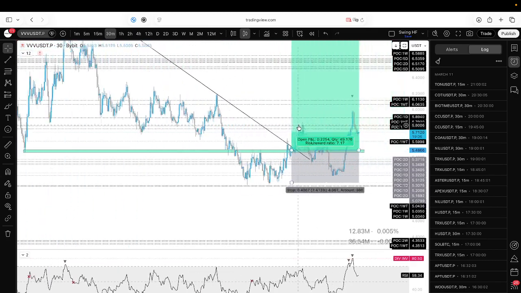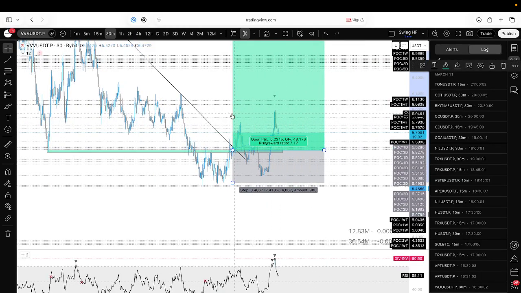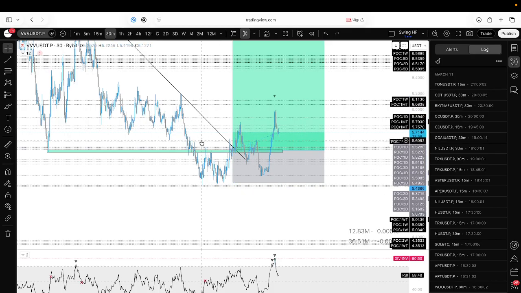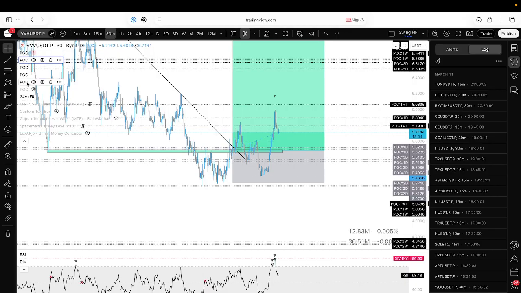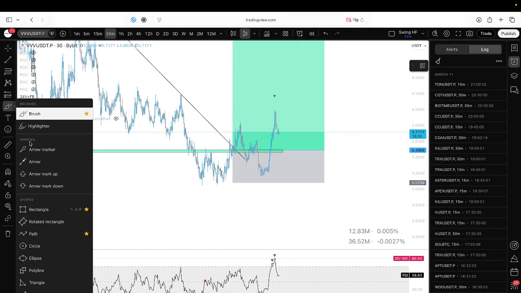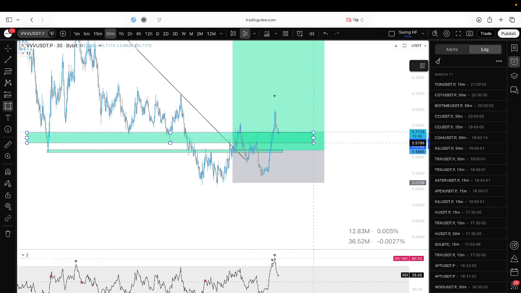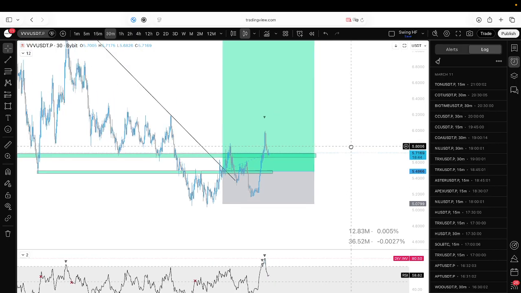But yeah, we survived, we took profit, and now if it holds this level here, let me just erase some POC so you can see better. If we hold this level, we can have a continuation.